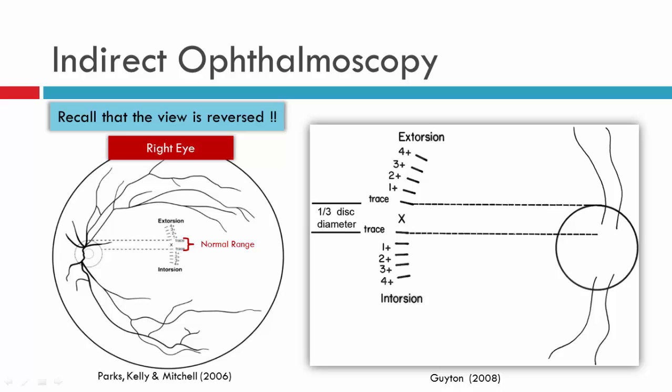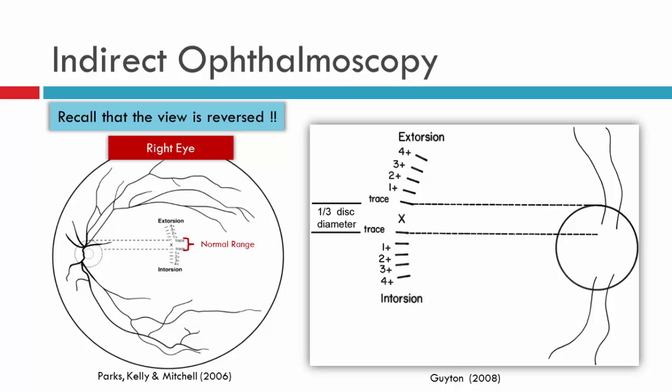It means that if the fovea is above the optic disc, we have extorsion or an extorted eye, versus if it is below, we have an intorted eye. So you must remember that if you're looking for fundus torsion using indirect ophthalmoscopy, you must consider that the image is inverted, and therefore what we've previously talked about so far is actually the opposite.